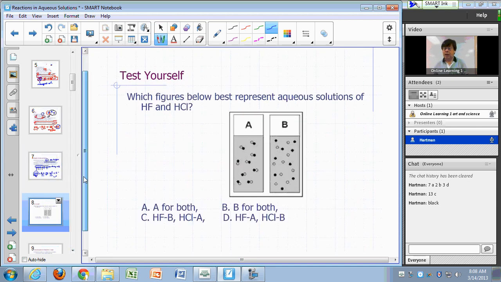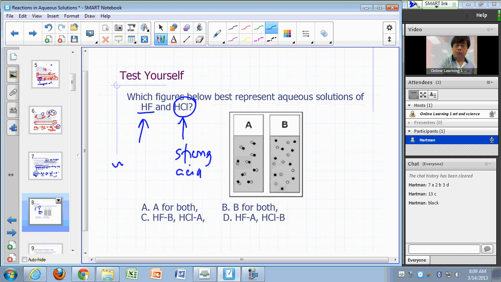So here's a concept question, checking to see if you understand the concept of a strong acid and a weak acid. If you remember, HCl is one of our 6 known strong acids, and HF is a weak acid. Which of the figures below, A or B, best represent aqueous solutions of HF and HCl?